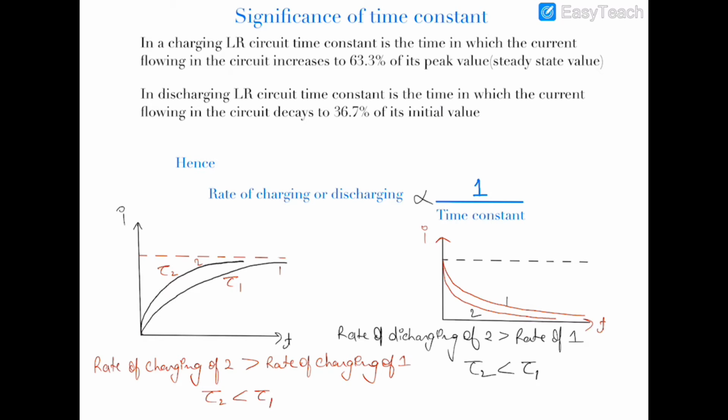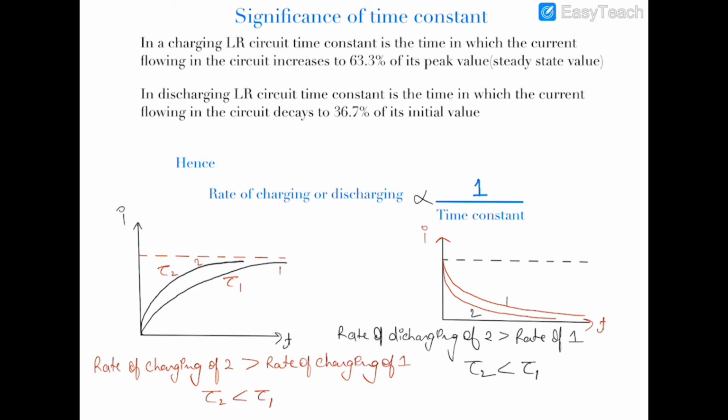This is a very important, significant property of the time constant, and I've also drawn two graphs to explain it in more detail. The first graph shows the growth graph of a charging circuit, and you can see that graph number 1 is growing at a slower rate and graph number 2 is growing at a rapid rate.